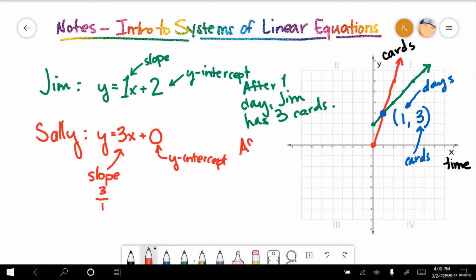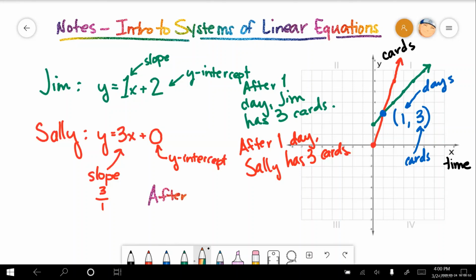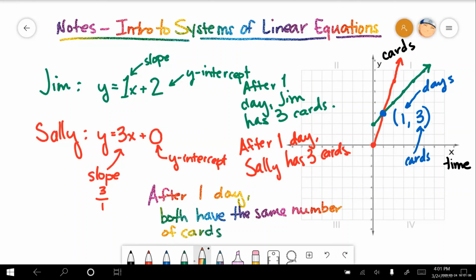For Sally, it means that after 1 day, Sally has 3 cards. So ultimately, for systems, that means after 1 day, both have the same number of cards. 3 cards to be precise.